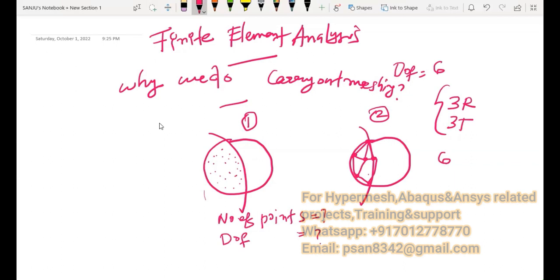And what is the DOF? It is 6. So 6 into 6 is equal to 36, which means I am able to make an equation if I discretize the continuum.